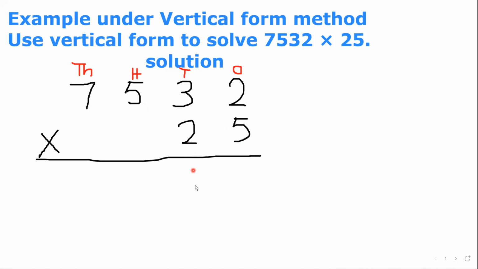Then you start recording your answer under the 2. So every answer under the 2 here must be recorded under the 2 or under the tens. Okay? That is the basic. So let's proceed.